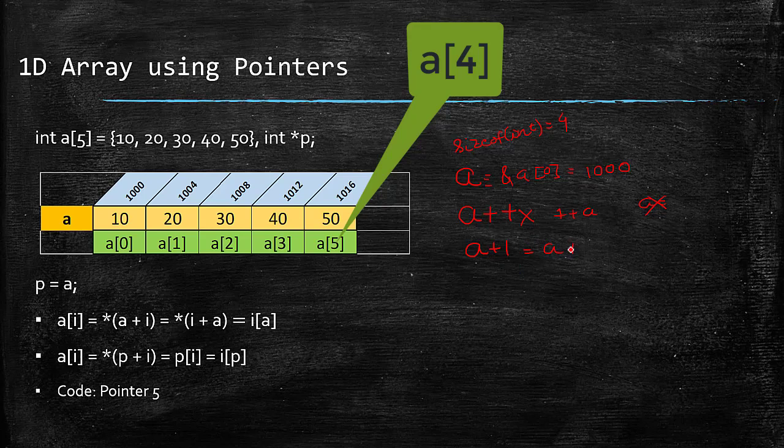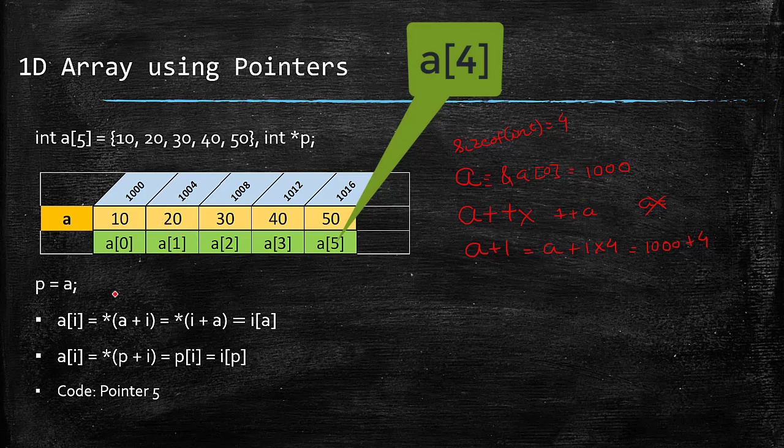Why 4? Because by the formula we know that it is A plus I into the size of the data type. Here the size of the data type is 4. So 1 into 4, so A plus 1 will give me 1000 plus 4. You can see that this is the address of the A1 cell.